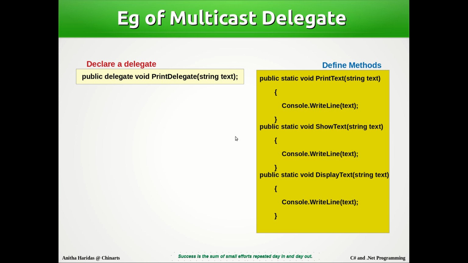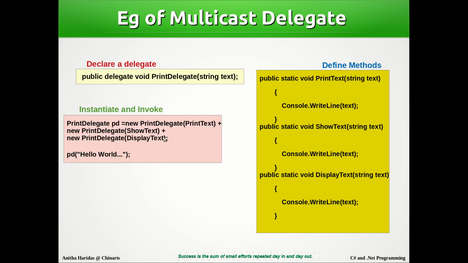Now let us see how it can be instantiated and invoked. I declare an object of the PrintDelegate type, and I am combining more than one method: PrintText, ShowText, and DisplayText. All three methods are combined together using the plus operator.